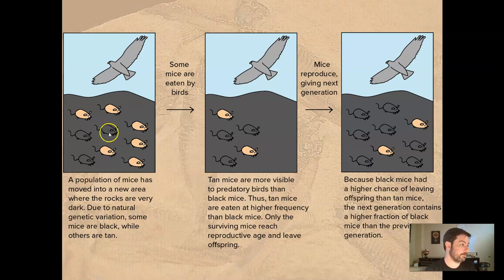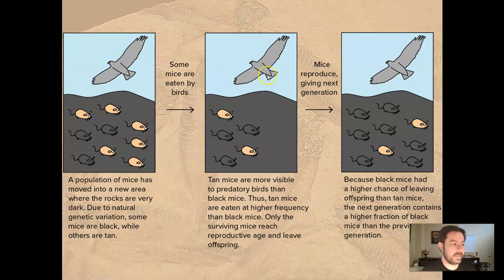Perfect example, all right? So imagine there's a species of mice, and they moved into a particular area. Some of the mice are black, some of the mice are tan. Well, the surrounding rock is black and tan. So the black mice against the black rock are a little bit harder to see. The tan mice against the tan rock are a little bit easier to see.